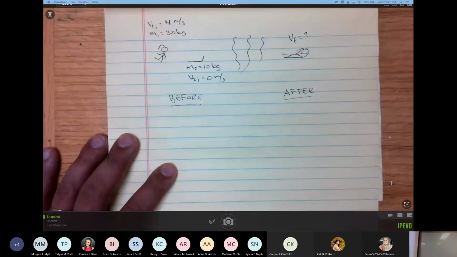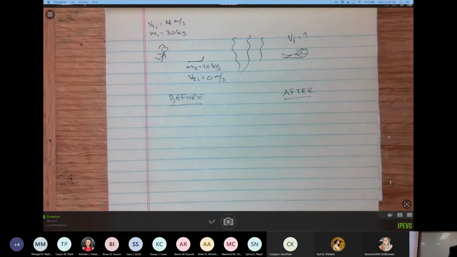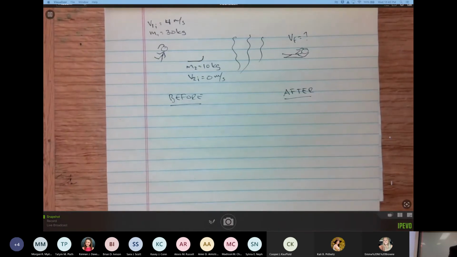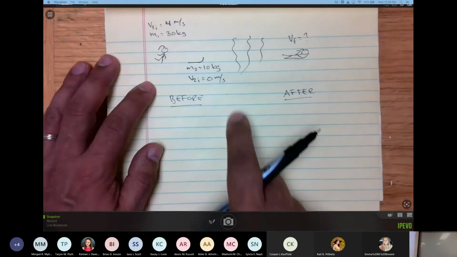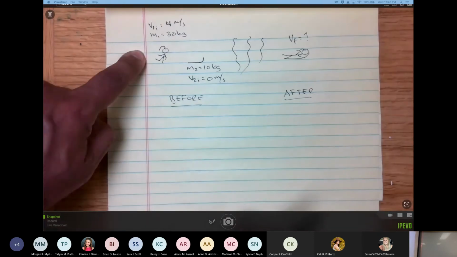Okay, so when we are talking about conservation of momentum and conservation of energy in these kinds of problems, we're going to be looking at the before and after. What are our initial conditions and what are our final conditions? So here in the before, I'm going to have the momentum of the kid and the momentum of the sled.